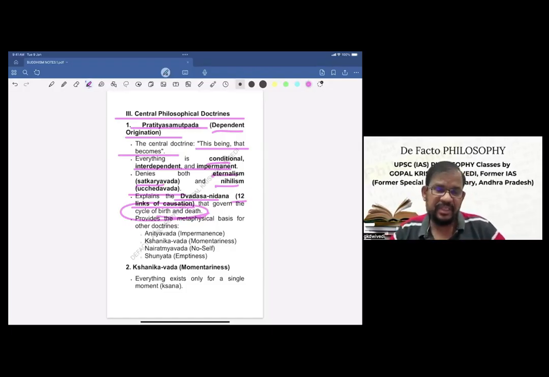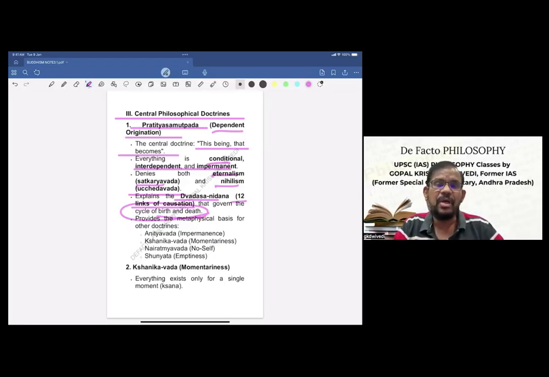We will see them subsequently, but the main point is that Buddhism has come out with 12 links of causation, some before birth, some after birth. All are linked, one after the other.